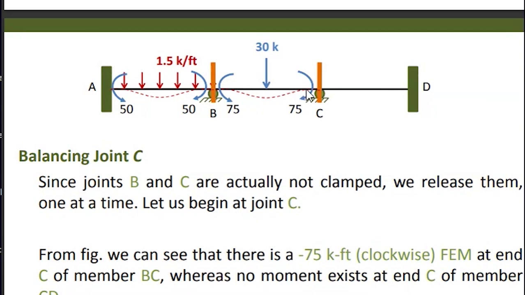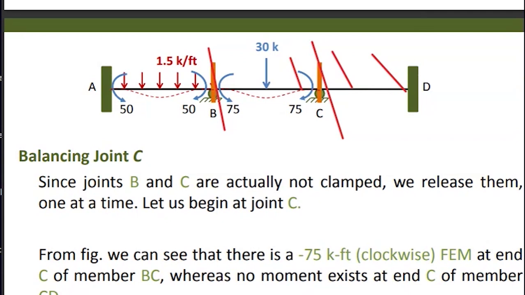Now consider the clamp at the point between B and C, where this point has no moment at all. The moment is now on the left at joint C.